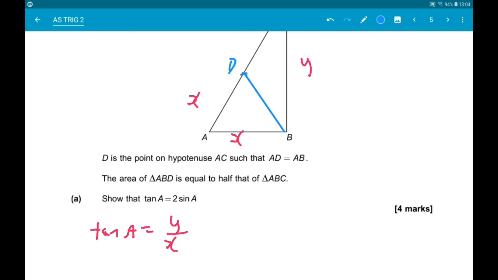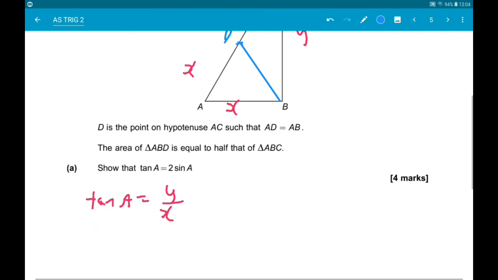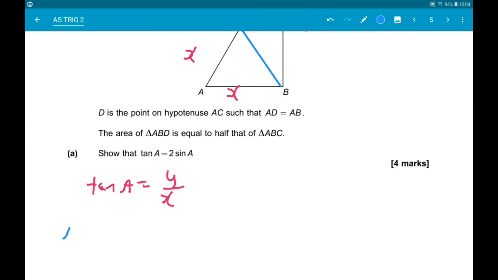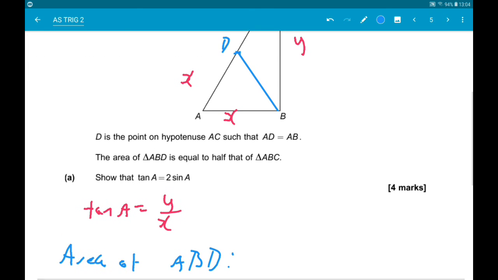Okay, now let's deal with these areas. So the area of ABD, well, we have an angle and 2 sides coming out of it.